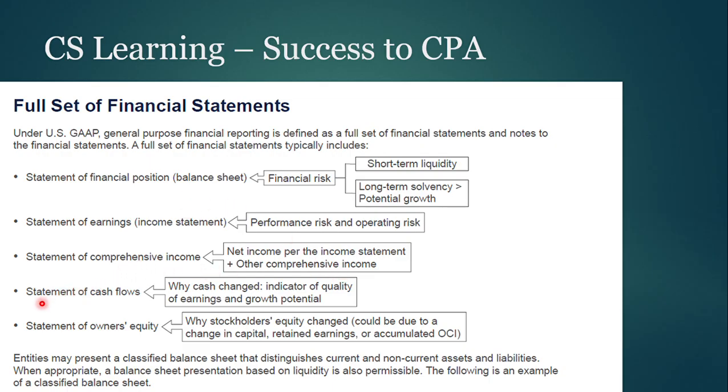Then we have the statement of cash flow. Cash flow is basically a statement which gives us information on how we are generating cash. Let's suppose you have 50,000 of cash at the beginning of the year, and by the end of the year you have 100k of cash. How did you achieve that?